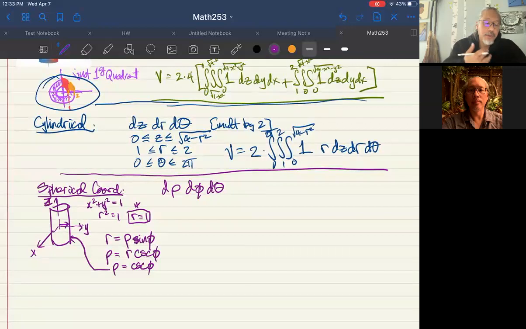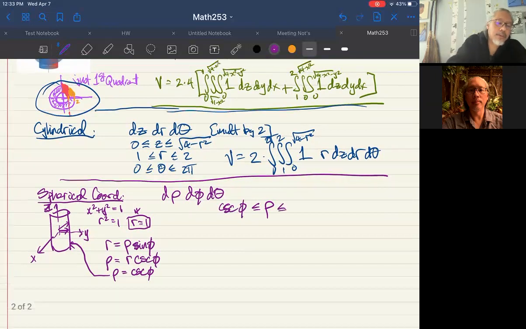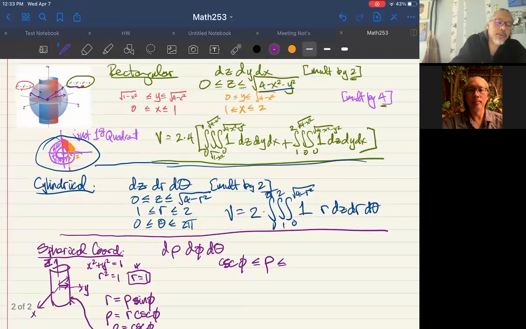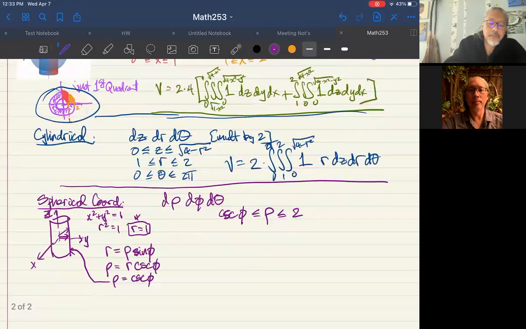All right, so we can use that to be one of our limits for rho. So rho is going to go from here outward, going from cosecant of phi, and then it's going to go to the sphere itself, which is rho squared is equal to 4, and so rho is equal to 2.